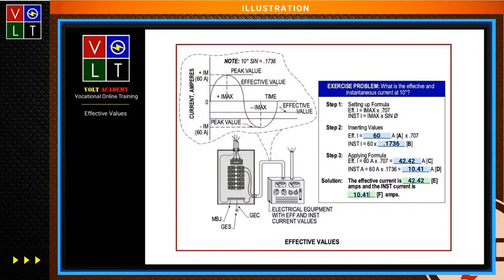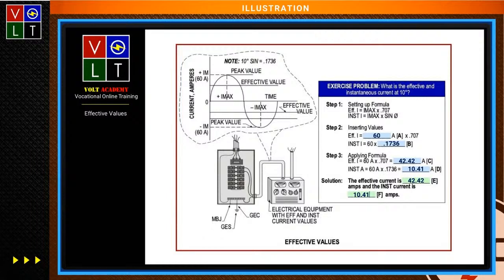Now, for my effective amps, on the left hand side of the illustration, we do it a different way this time. We're showing 60 amps at the peak and at the negative end. So you take 60 amps times 0.707, that gives you 42.42 amps of effective current.